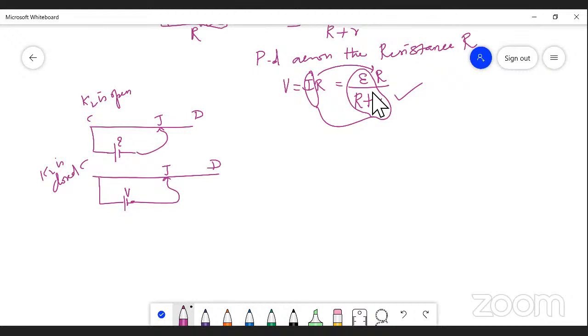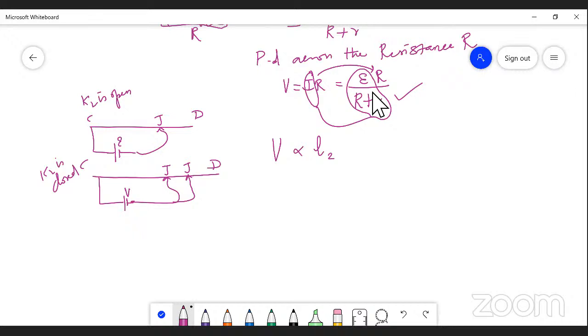Now when the jockey is adjusted in its position to get the balancing length, the potential difference is directly proportional to the balancing length L2. If we are clear with this idea, then solving problems will be very easy. In the first case, you have introduced the cell of EMF E alone, which means the external resistance capital R is not coming into play.